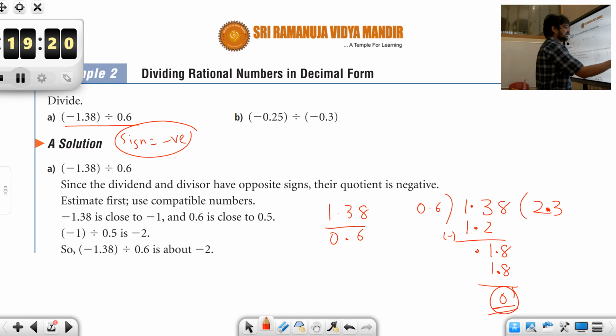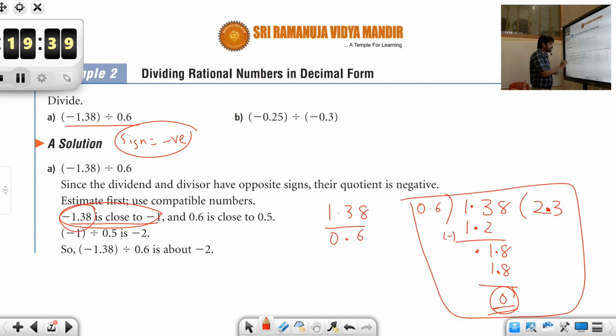Now let's look at another way of doing this. See, minus 1.38, this is close to minus 1. In the next slide I will explain this in detail. For now, estimate first the nearest approximate numbers. If you look at these numbers, minus 1.38 is very close to minus 1 on the number line, and similarly 0.6 is close to 0.5.